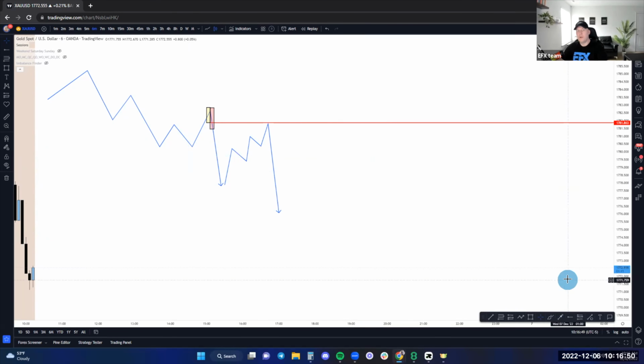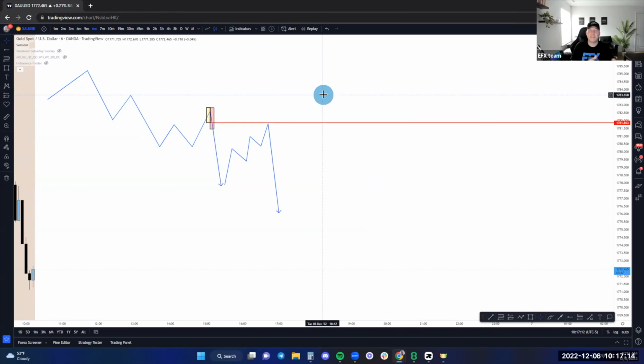So what do we look for in entries? What do you feel confident about to say, yes, here's my pattern, and that is the spot that I'm going to use for an entry? Let's break this down piece by piece. For me, I want to see clear manipulation, right?